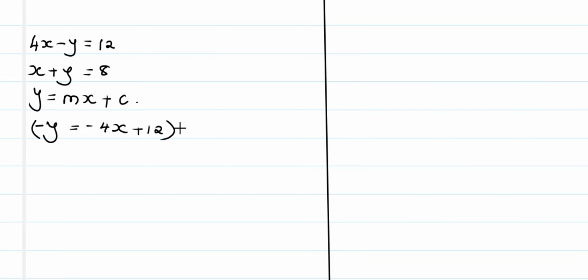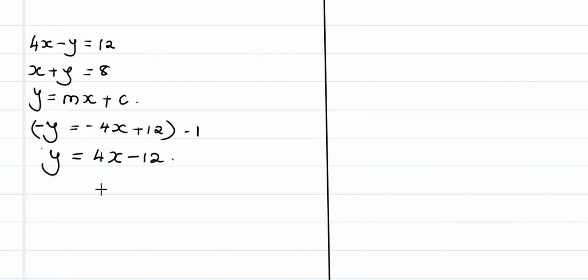So what do I do? I multiply this equation by negative 1 to remove this negative. So now it becomes negative 1 multiplied by negative y, here it will be positive y, is equal to negative 1 multiplied by this negative 4x. Now it will be positive 4x. Then this positive 12 multiplied by negative 1 will be negative 12, like that. And the first equation looks like this now.